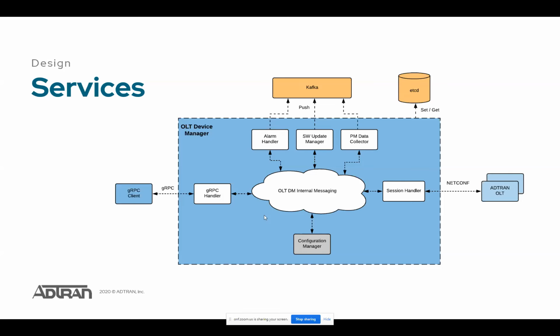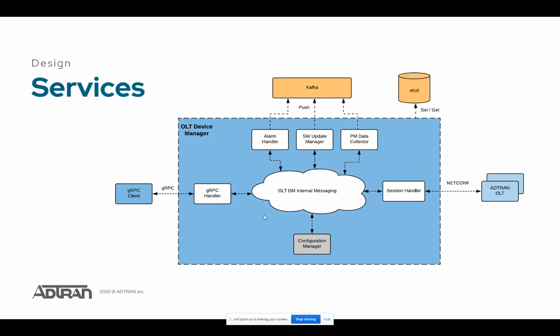Then there are things like an alarm handler, which is receiving alarms or events, as they are called in the device management interface, from the OLT, and the alarms are forwarded to Kafka. Then there's a process which runs software updates for OLTs. Then we have a process which collects metrics.